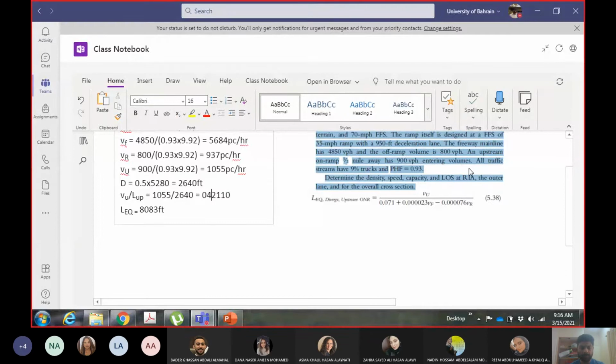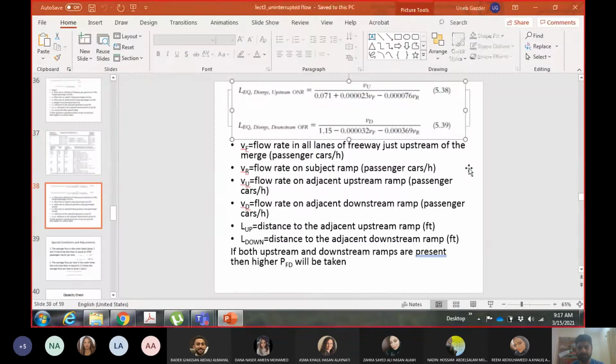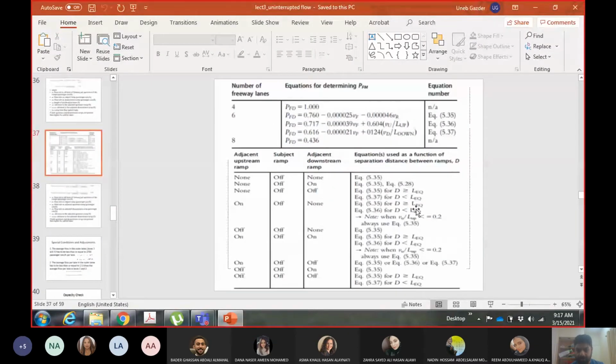Okay, this now is making sense. In any case, it was more than 0.2. Now LEQ is more than the distance which is given, right? So I'll come back here. If LEQ is more than the distance, then I will use equation 5.36. The equation 5.36 is this one.